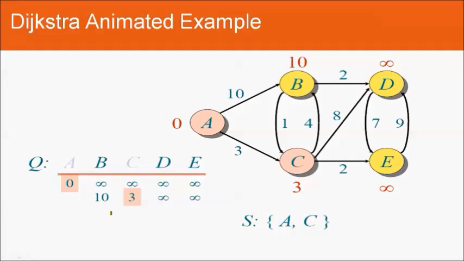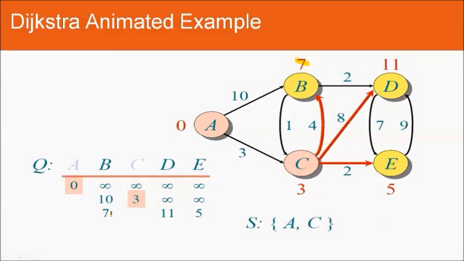If you check the next graph on the next slide, how come it is now 7? How did it happen, class? Checking the graph, from vertex A we have a weight of 3, and then from vertex C going to vertex B, we have a weight of 4. That's why we have 7.